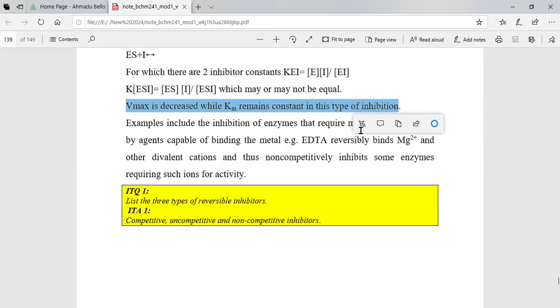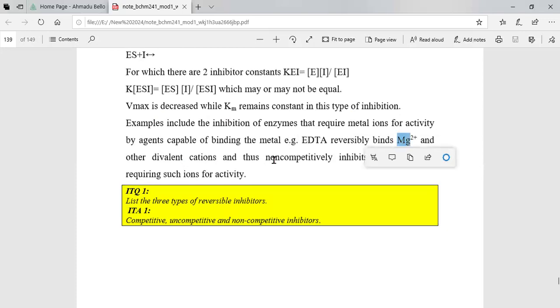An example of this is enzymes that require metal ions for their activity, inhibited by agents capable of binding to the metal ion, for example EDTA, ethylenediaminetetraacetic acid. It reversibly binds to magnesium ion and other divalent cations, so it non-competitively inhibits some of the enzymes requiring such activity.